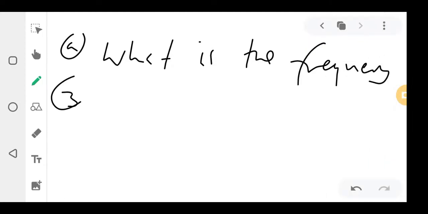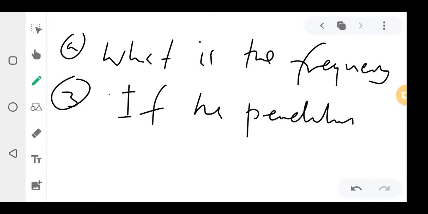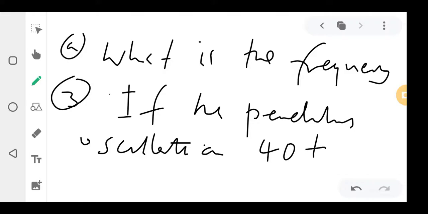Now dealing with question 3. Question 3 is a new question. If the pendulum oscillates forty times in 2 minutes.